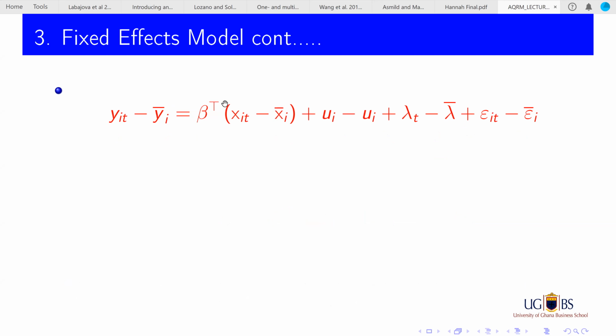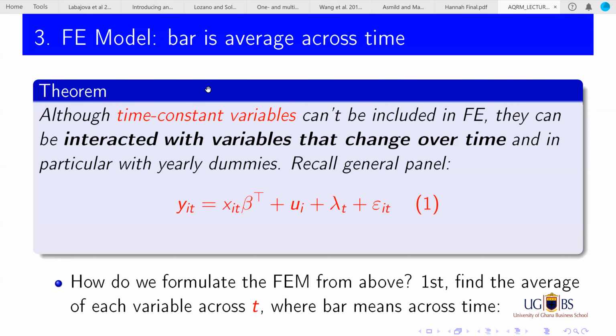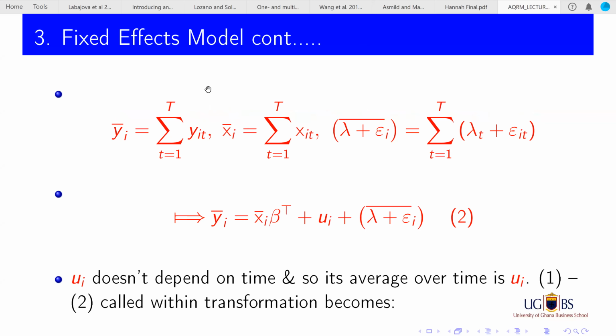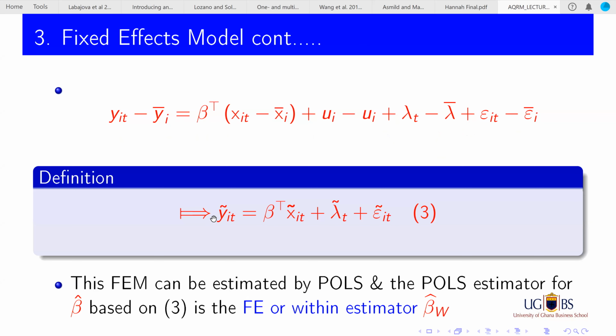Then the beta multiplying XIT minus the XI bar. The UI minus the UI is going to cancel. And then the lambda minus the lambda bar, and then all of that. So I take this equation 1 minus the equation 2 here. And when you do that, you're going to get something like this, with a tilde sign on top of the YIT. So all of the YIT minus YI bar, you make it YIT with a tilde sign. This equation 3 is the fixed effect model.